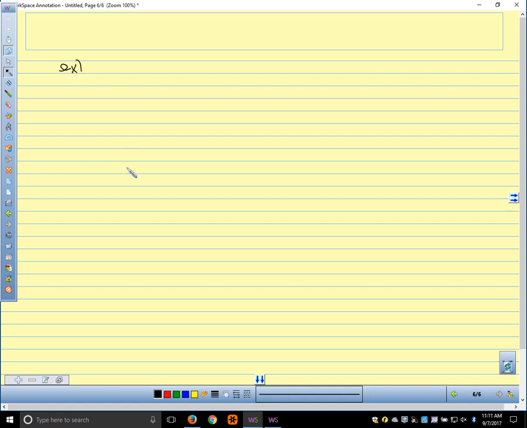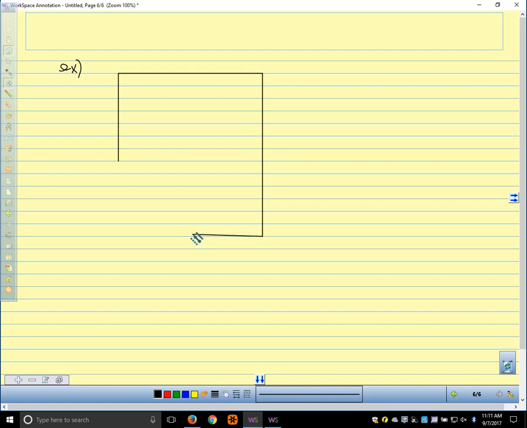Okay, the last one. What if we had a non-standard shape? Something like plans for a house or something like that. And let's say that I know that this is 20 meters, and this is 12 meters, and this is 16 meters, and this is 8 meters.